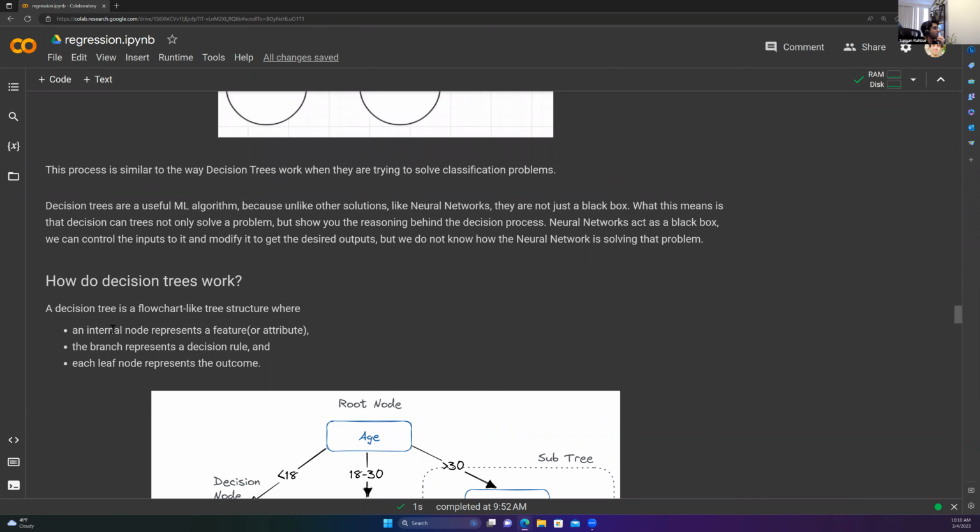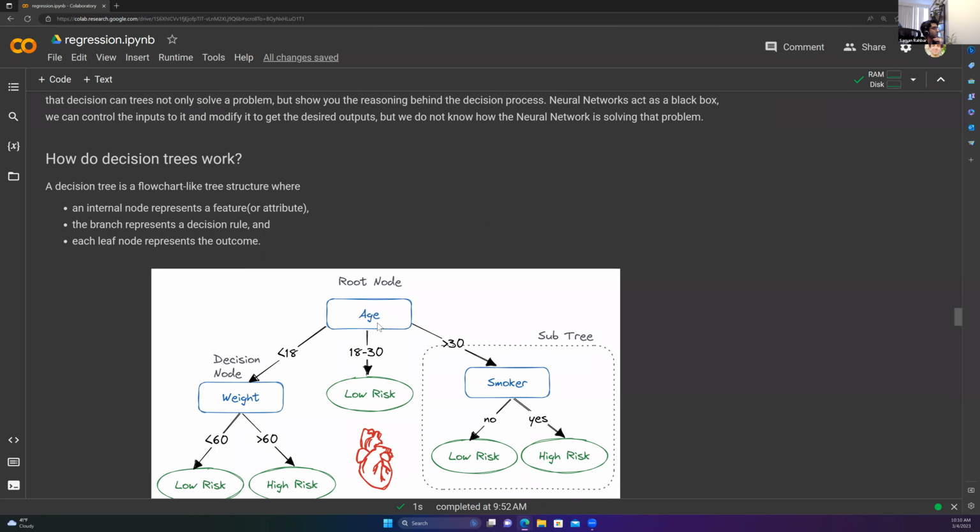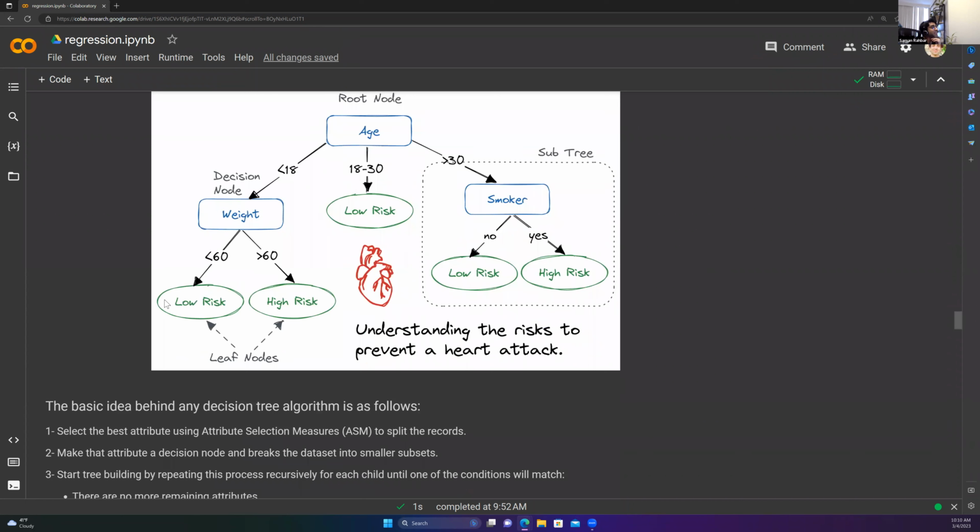As you saw, a decision tree is a flowchart-like tree structure where you have internal nodes representing different features or attributes that exist in your data sets. And you have branches that represent different decision rules. And eventually you have the final nodes that we call leaf nodes.